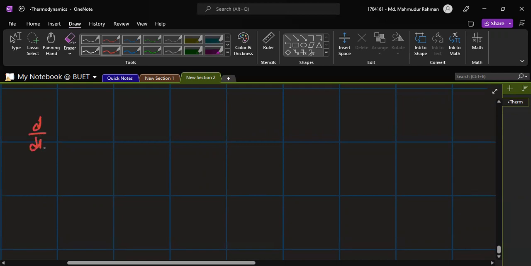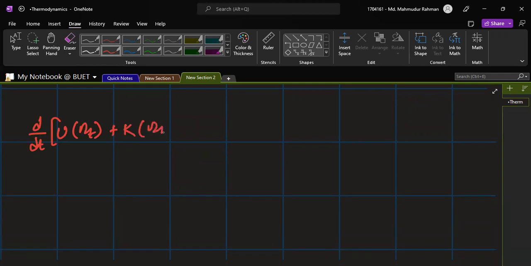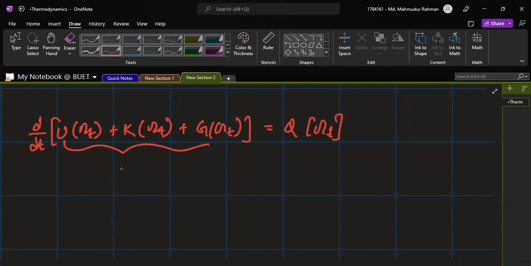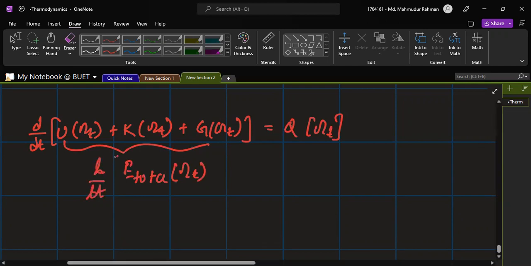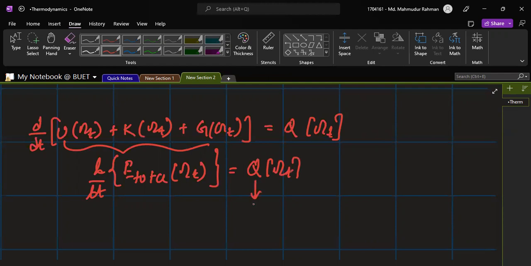What we end up with is d/dt of U of omega t, K of omega t, and G of omega t, that is equal to Q of omega t, which states that the rate of change of total energy, this is the total energy, E total of omega t, is equal to the net heating. This term is the net heating term.